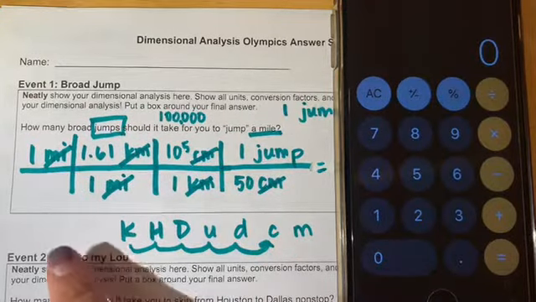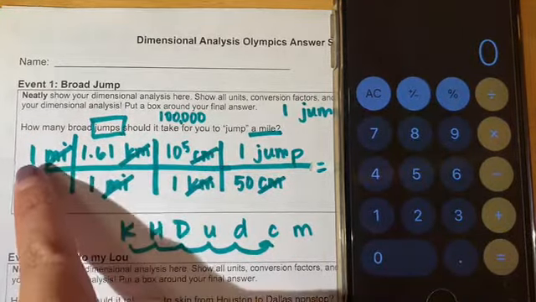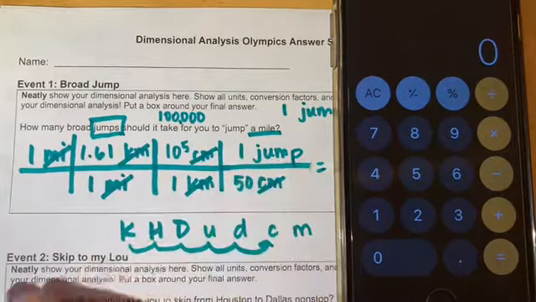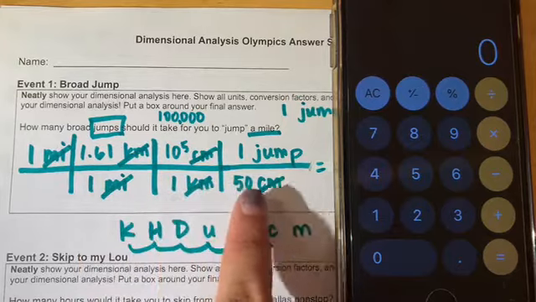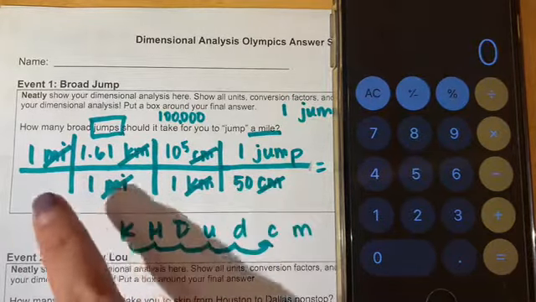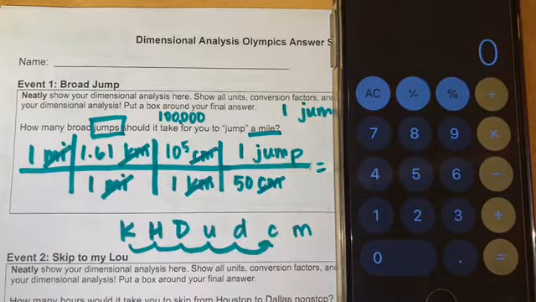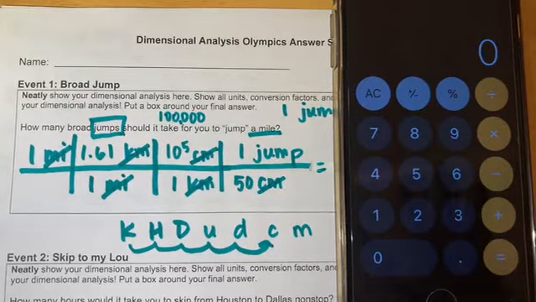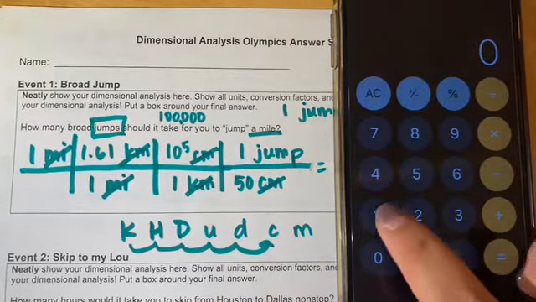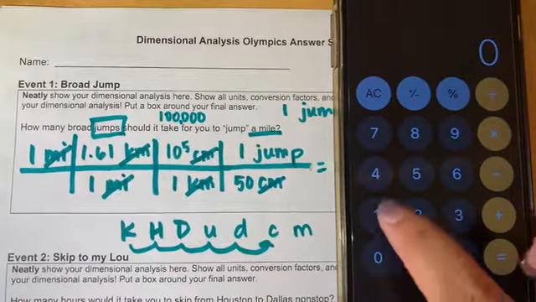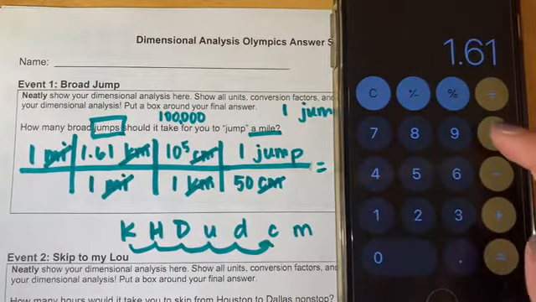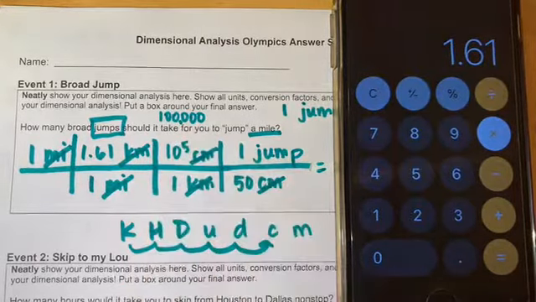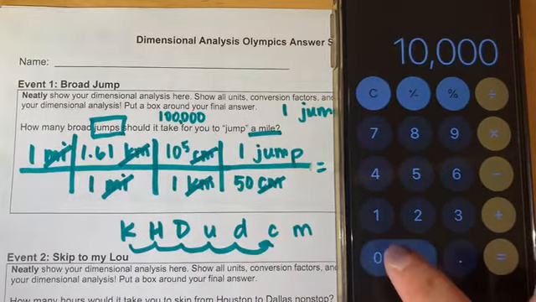All right, so remember that any number that you have on top is going to be multiplied. Any number you have on bottom is going to be divided. Of course, the ones you can kind of ignore, because any number that is multiplied by 1 is going to be the same number. So we have 1.61 times 10 to the 5th, which is exactly the same thing as 100,000.